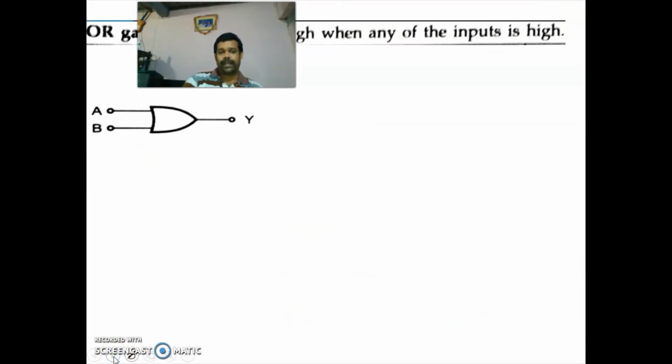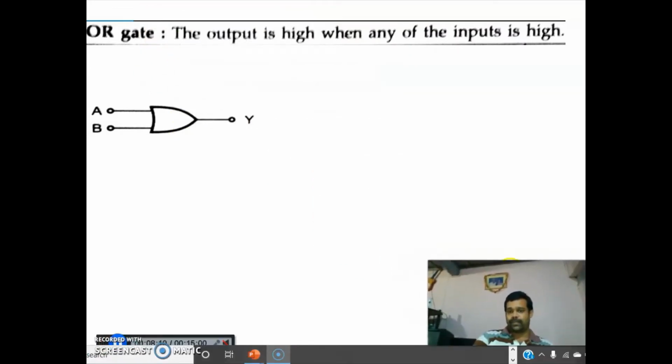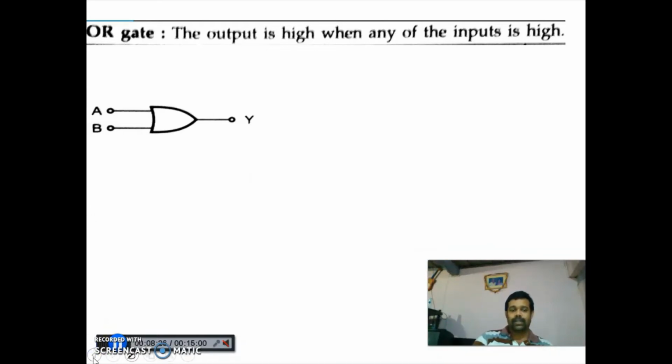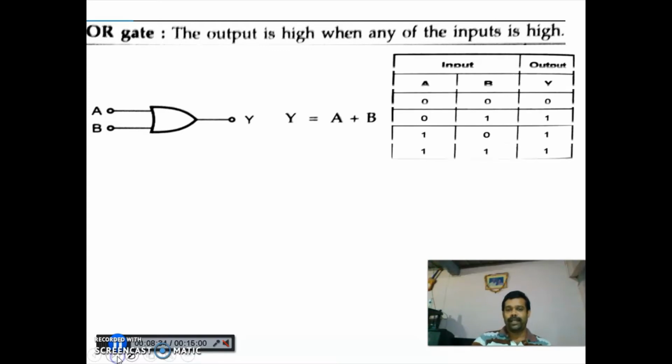Next, we are going to see the OR gate. This is the symbol of the OR gate, and next is the logical or Boolean expression for the OR gate, and this is the truth table of the OR gate.